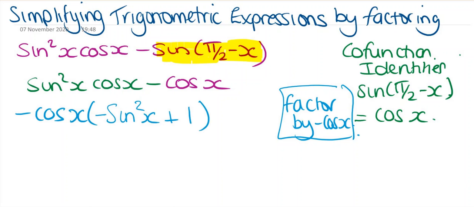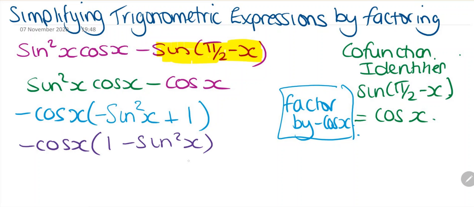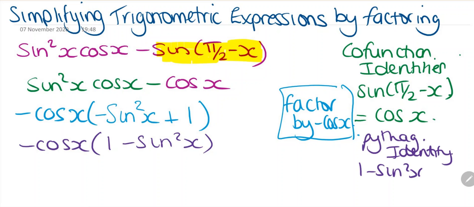So now we can multiply, so we have minus cosine of x, and then we have here 1 minus sine squared x, which by the Pythagorean identity is equal to cosine squared of x.